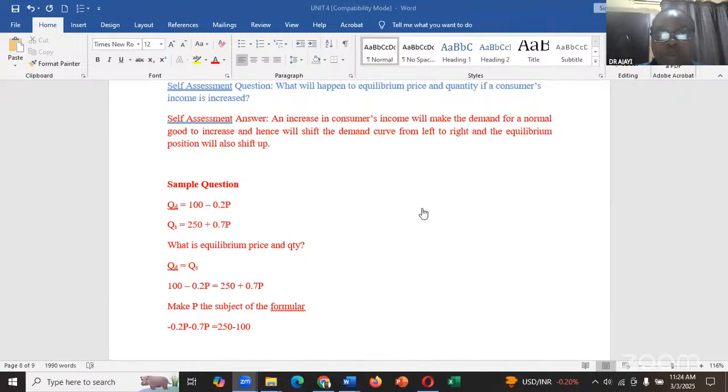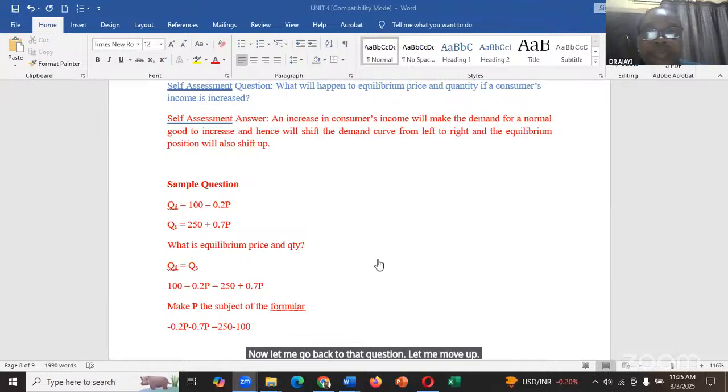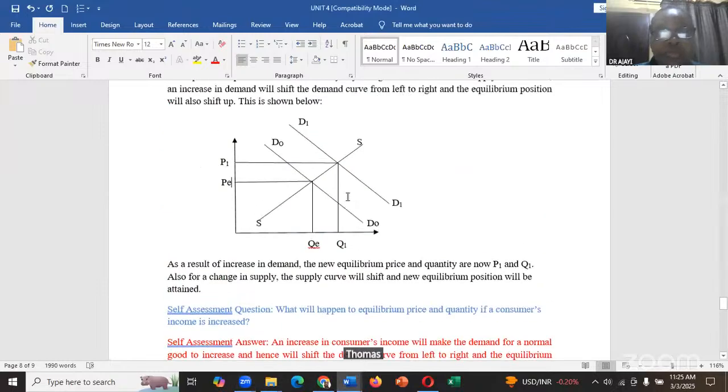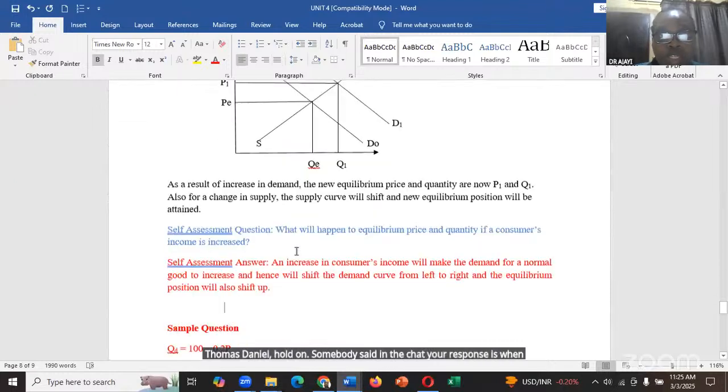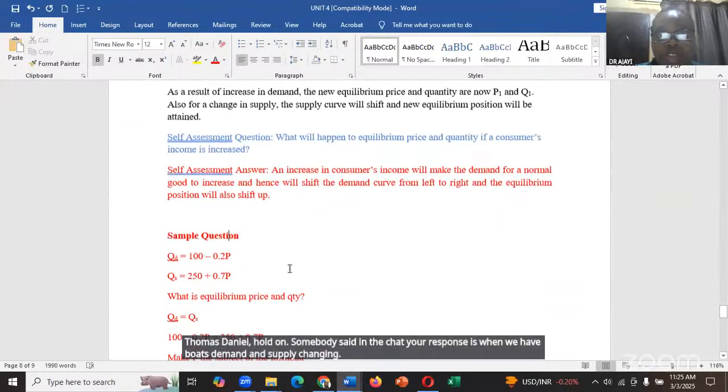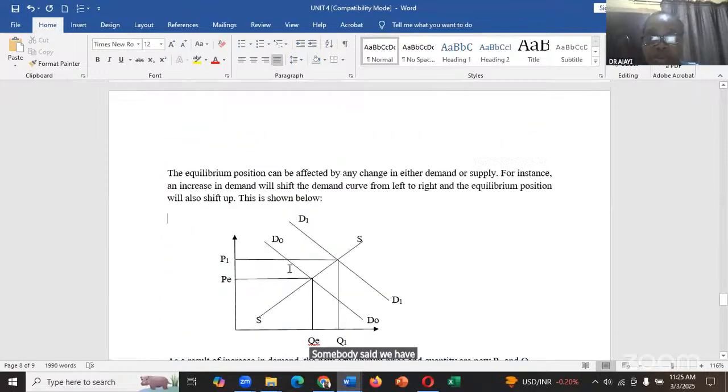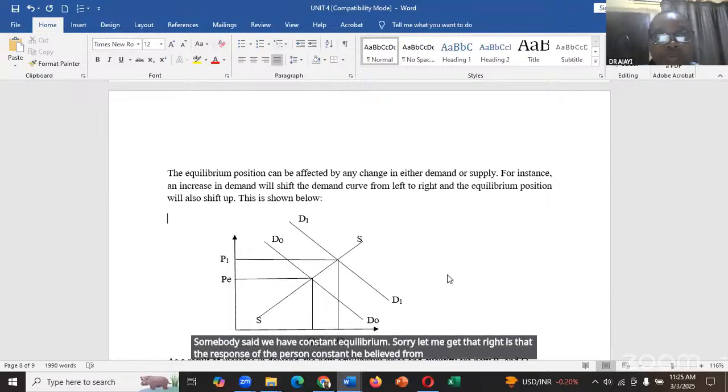Let me go back to that question. Thomas Daniel, hold on. Somebody said in the chat, when we have both demand and supply changing, we have constant equilibrium. Is that the response of the person? Constant equilibrium?